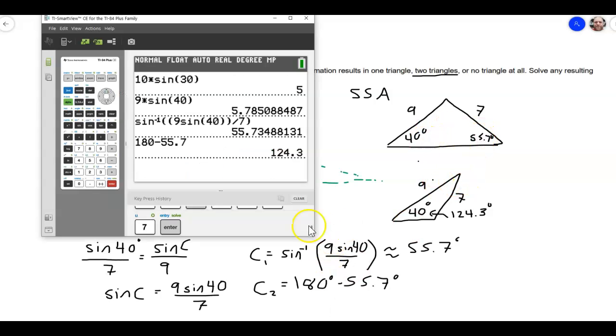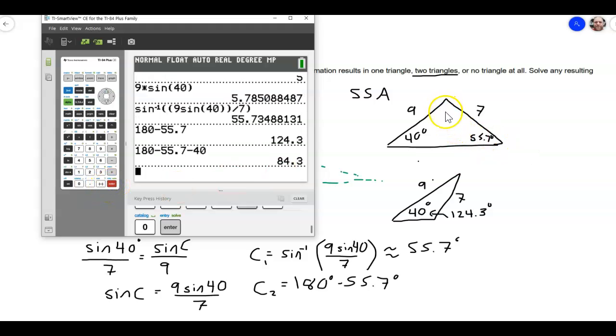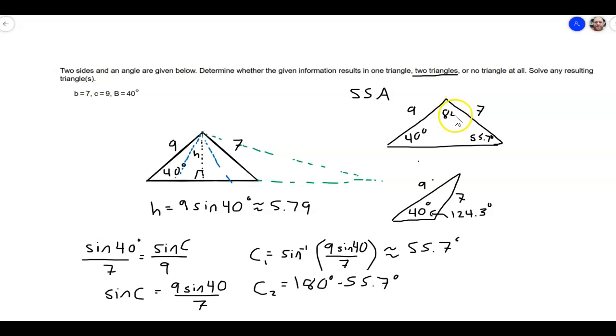All right. Now we can easily find the third angle on those. For this first one, we're going to do 180 minus 55.7 minus 40. And we get 84.3. We'll finish off the angles for this first triangle. And for the second triangle, we still need to figure out this angle as well.